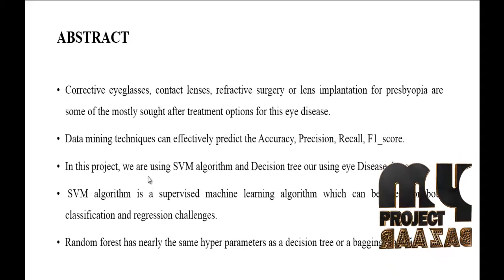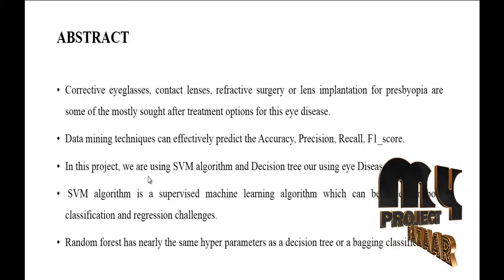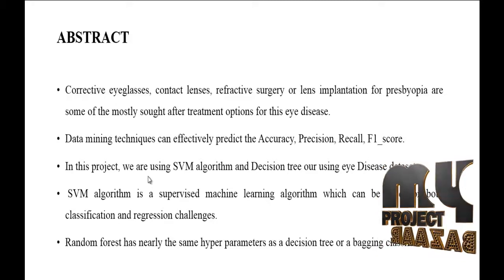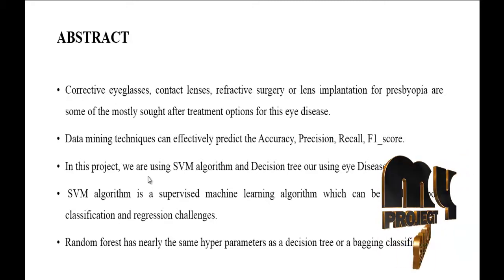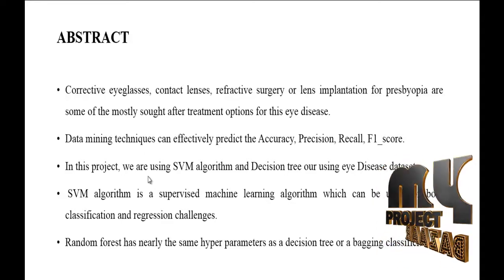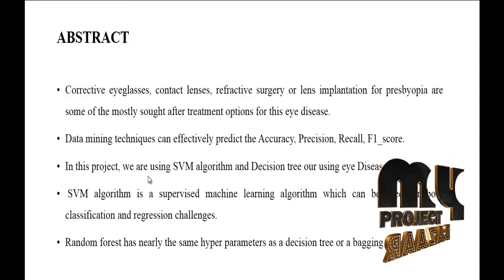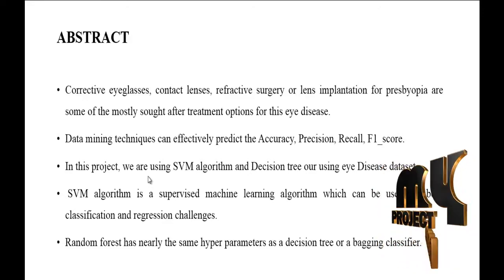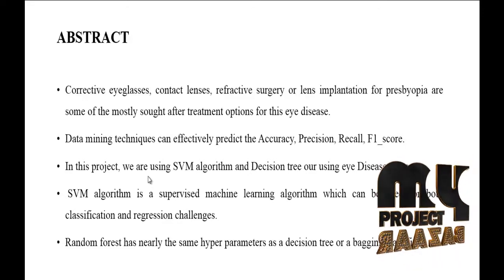If there are any missing values present in the input data, we have to replace the missing values by NaN values or zeros. Then we have to develop the machine learning algorithms such as the SVM algorithm and decision tree.